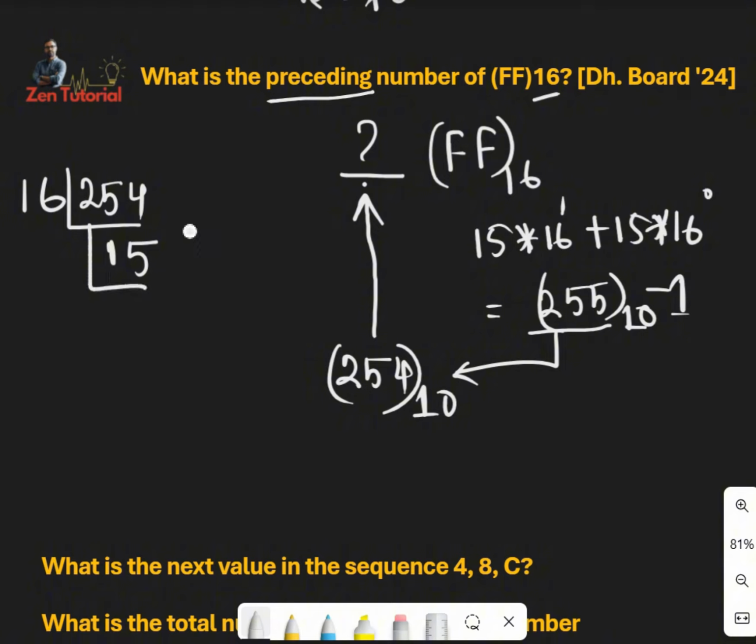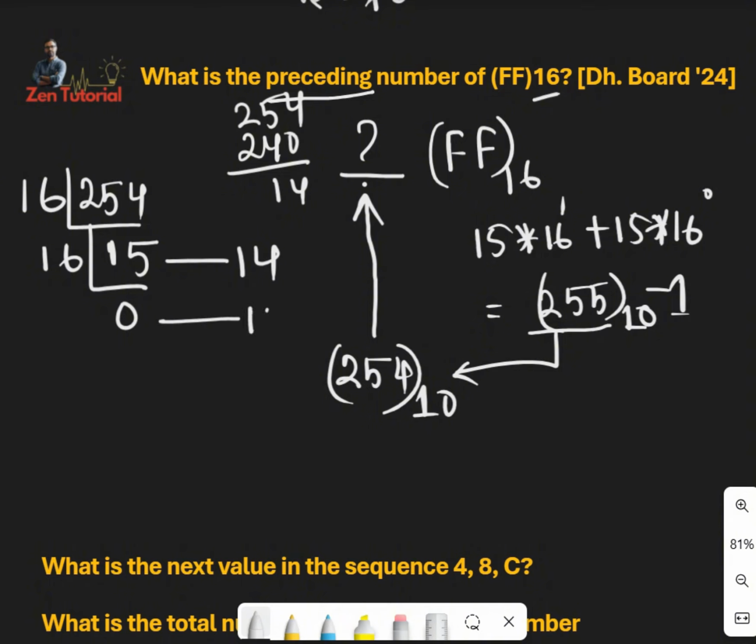So 15 times 16 means 240. 254 minus 240 means 14. So the remainder will be 14. And again 15 divided by 16 is 0, so it will be 15. As we convert it into hexadecimal, the value of 14 in hexadecimal will be E, and 15 in hexadecimal will be F.